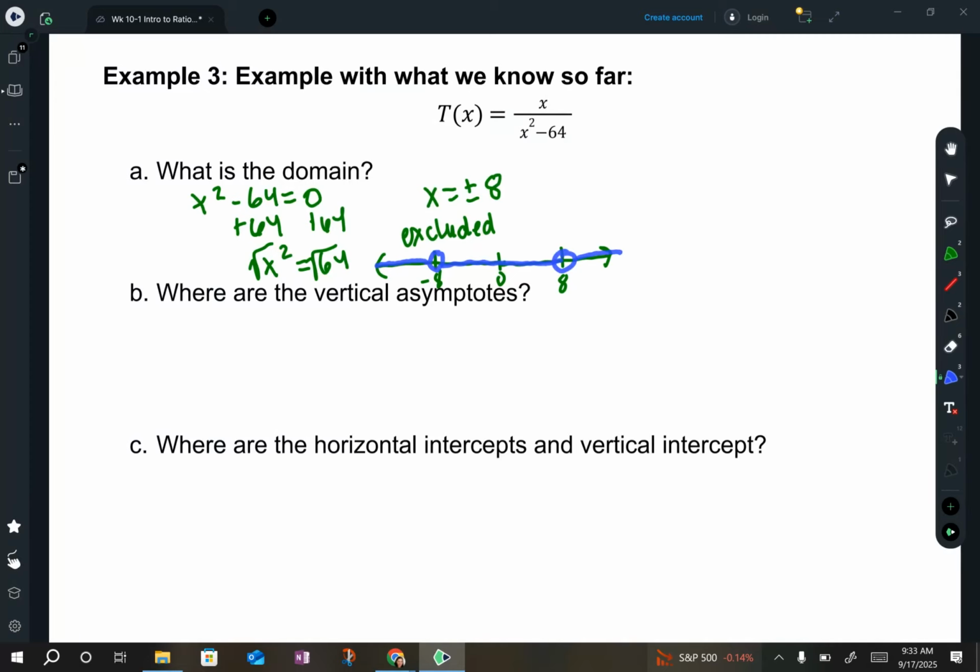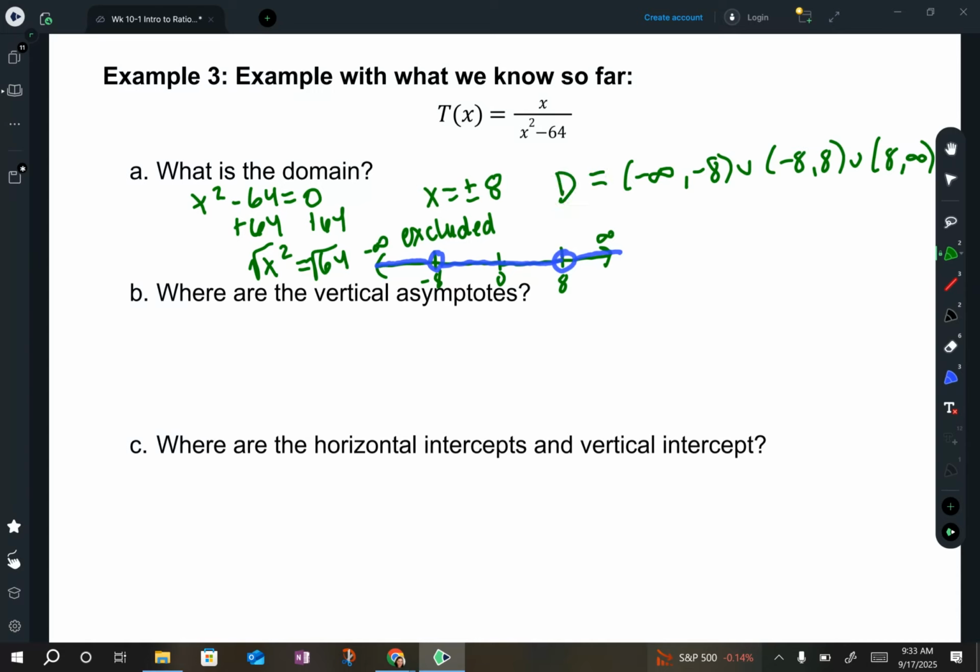And everything from 8 to infinity. So when we go to interval notation, we go left to right. Here's negative infinity and here's infinity. We go from negative infinity to negative 8. We go between negative 8 and 8. And we go from 8 to infinity. Right? So that's my domain.